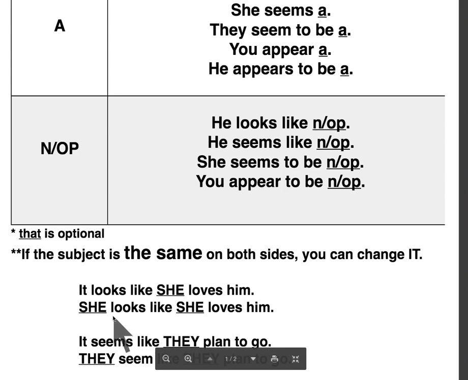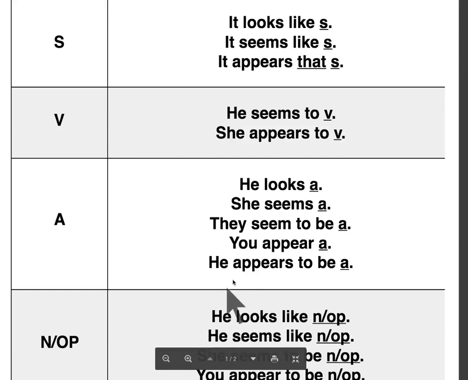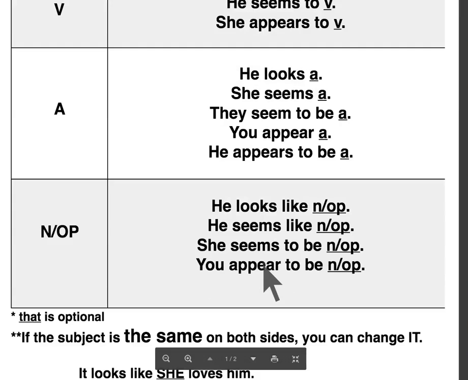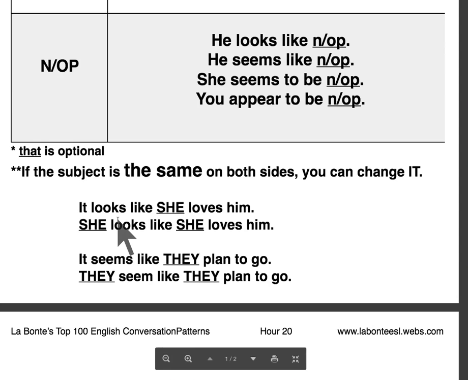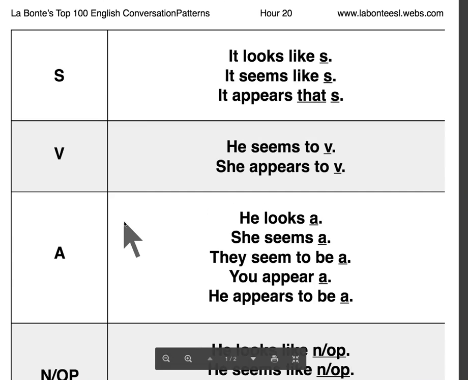If the subject is the same, and this is basically dealing with this section here, you can either use it or you can use the same subject on both sides. So, you're going to work through these, help the student: what does it look like he's doing?